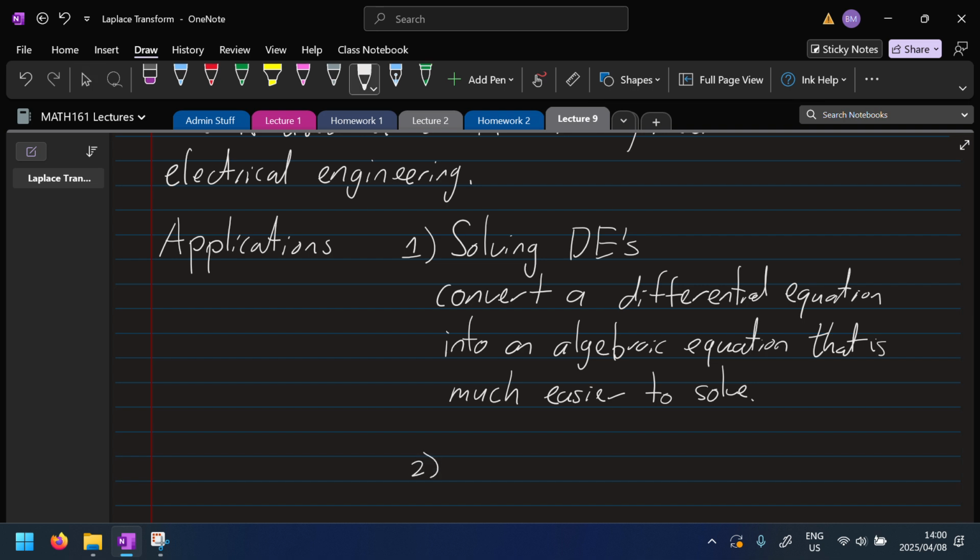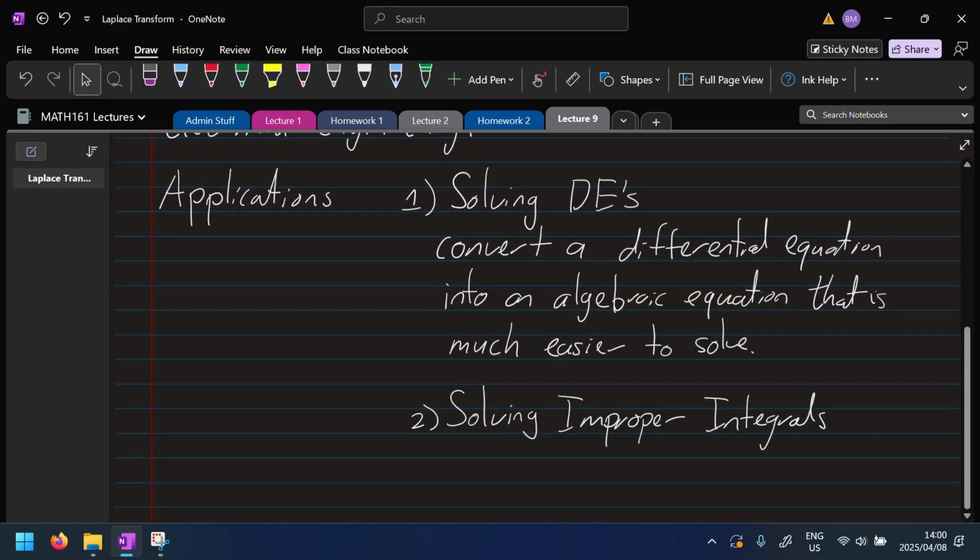Okay, and number two, solving improper integrals. We've looked at a few improper integrals with infinite bounds, and we solved them by writing the bounds as some variable, let's say t, and then at the end of the integration, we took the limit as t goes to infinity, for example.